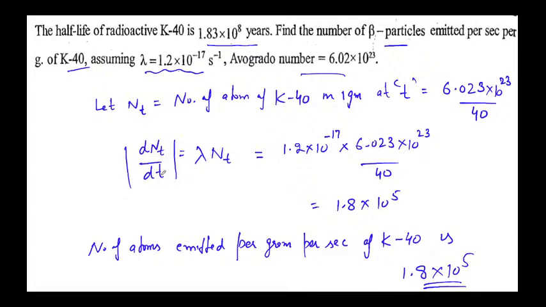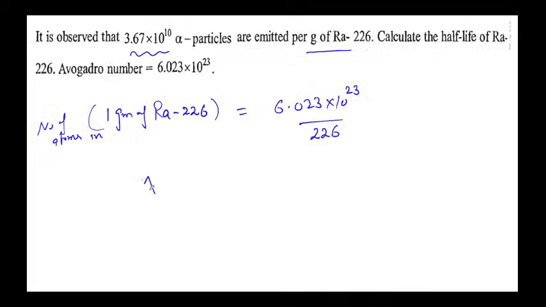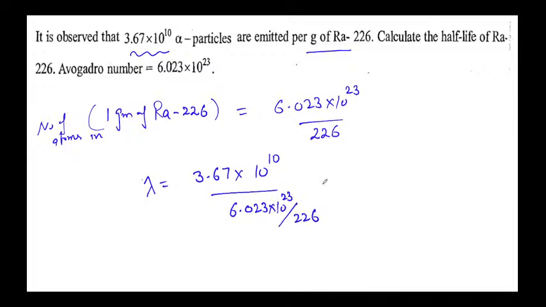Using the same equation, lambda comes out to be 3.67 into 10 to the power 10 over 6.023 into 10 to the power 23 over 226, in second inverse.